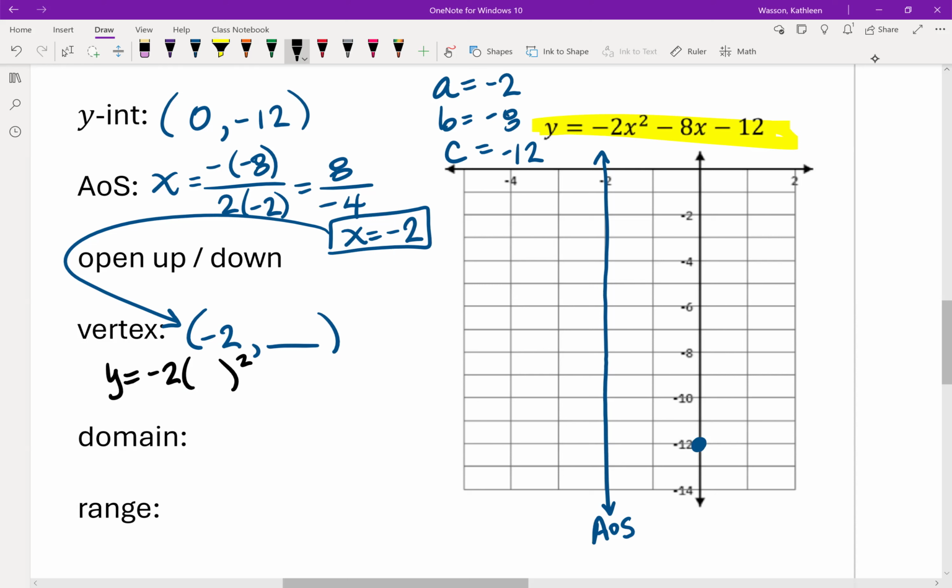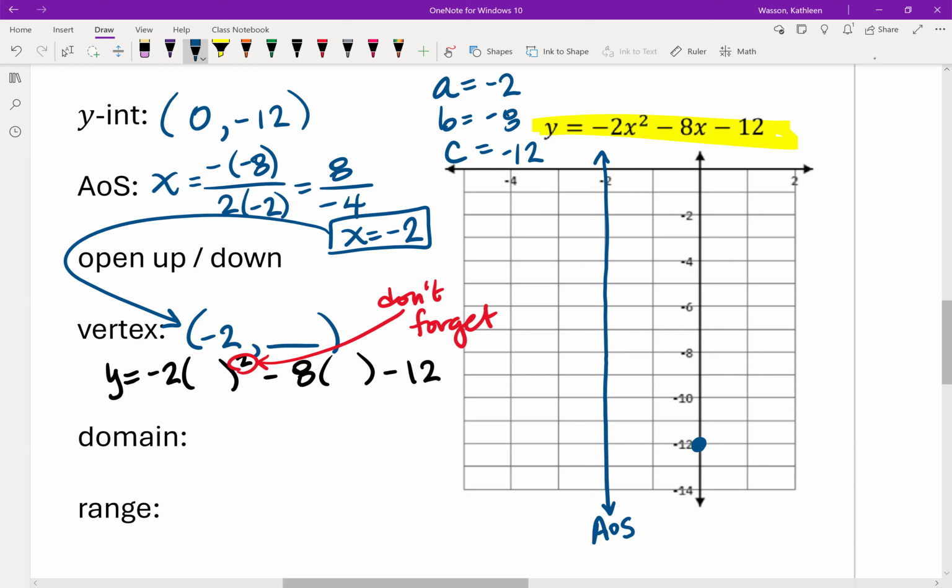I'll take the x's out and make spaces to substitute. When you write this equation, be really sure that this gets squared here. That's a common error, is that students forget to square that first x. That is what gives us a parabola shape. So make sure this one gets squared.